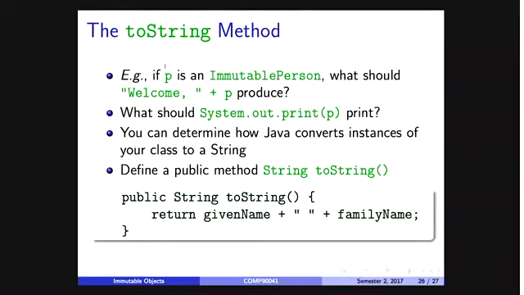And you'll recall that's what happens if you said, "the answer is: " in quotes, plus x, where x is an integer. It's going to do the same kind of thing. It turns that integer into a string for you. So that's what's going to happen to an object as well. So if we say System.out.print(p), or if we say "welcome" plus p, it will call this toString method here.